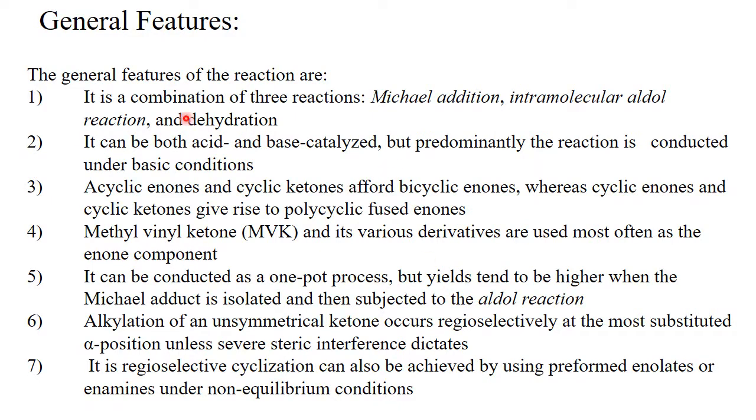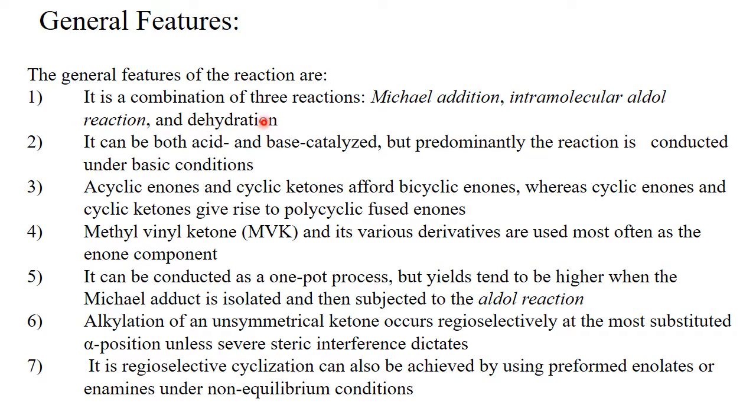General features of Robinson annulation reactions. The first feature is that it is a combination of three reactions. We can say there are three sub-reactions which occur within a Robinson annulation reaction. Among these three reactions, one is Michael addition.